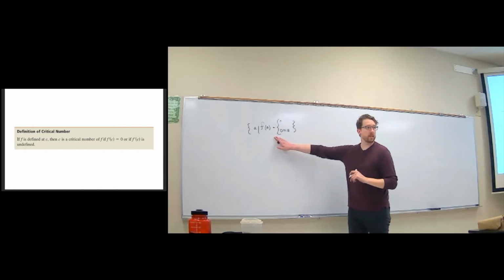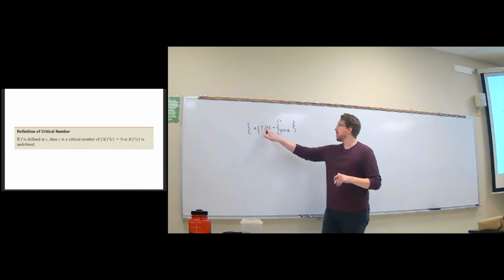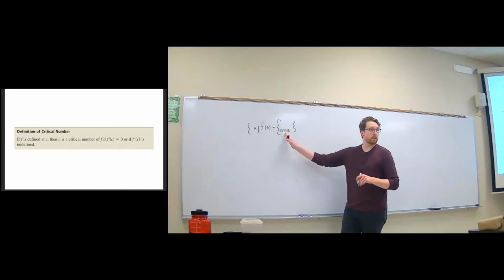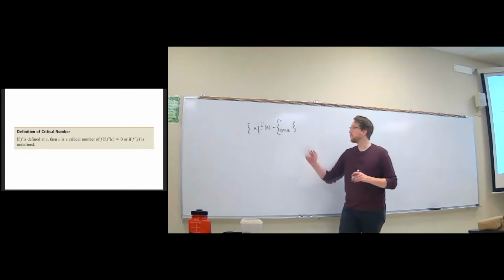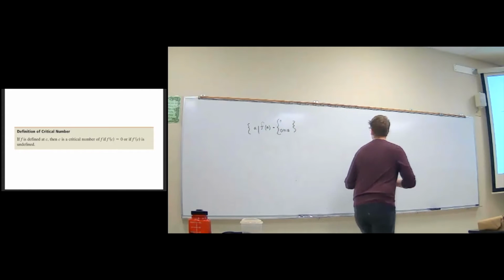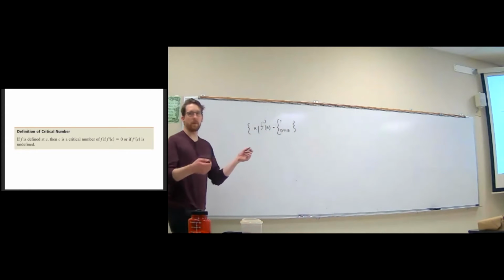What this says is that critical numbers are those x values such that your function at those x values is either 0 or it does not exist. Cool. And I should have said prime, the derivative of your function.